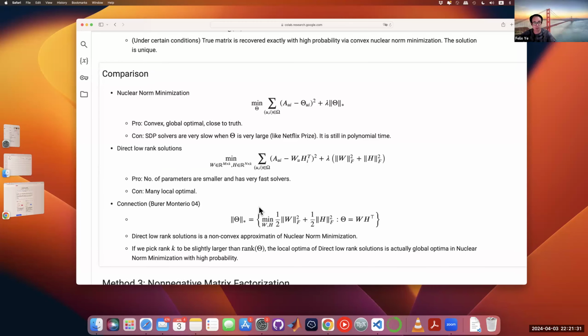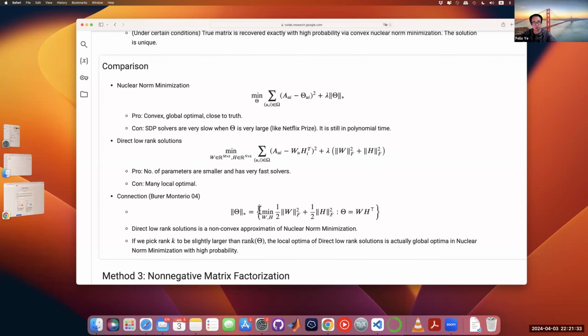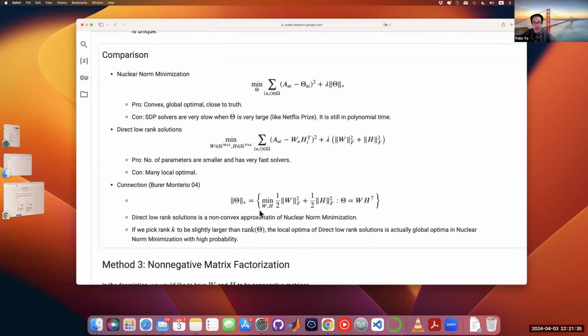And of course, in 2004, people found out that in fact this direct low rank solution that we're having is a non-convex approximation of nuclear norm minimization. So basically, you can think about this as an approximation of the nuclear norm minimization problem.